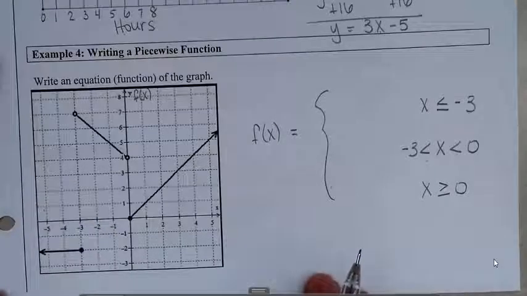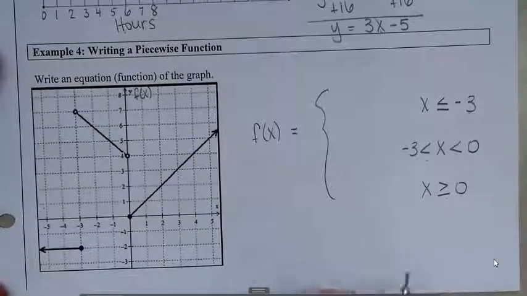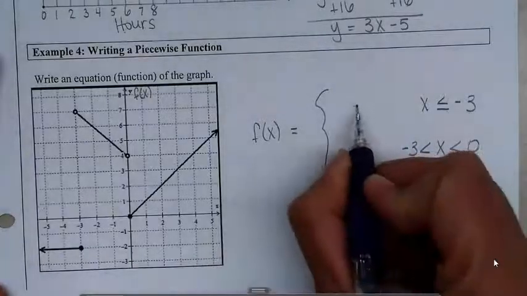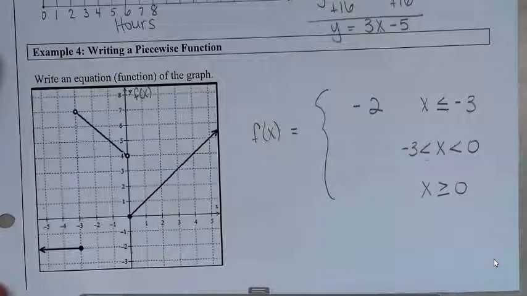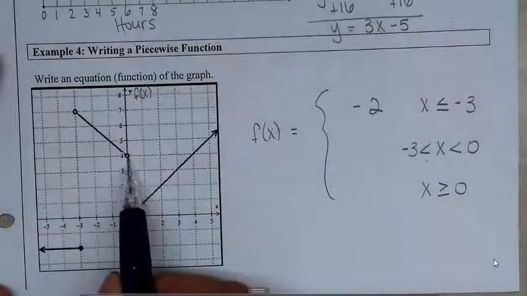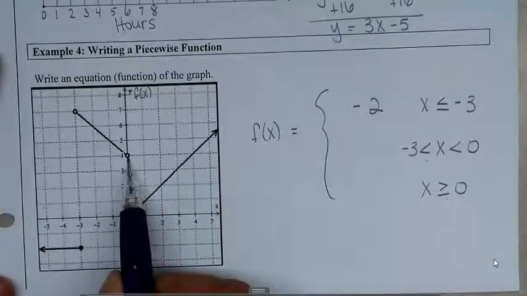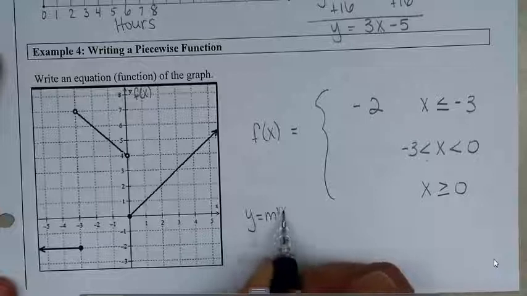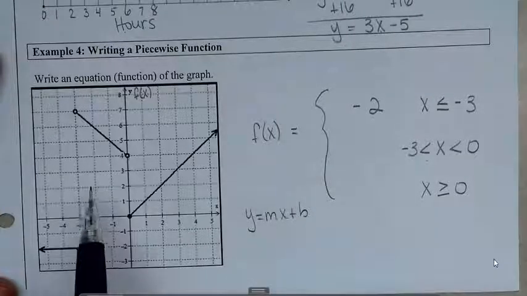All right, so now I have to come up with the equations of the functions. All right, so starting with this one, y equals negative 2, right? So that's f of x equals negative 2. That's my first piece. Second piece, this one happens to have a y-intercept. So for this one, I can actually use slope-intercept form to come up with the equation of this line.